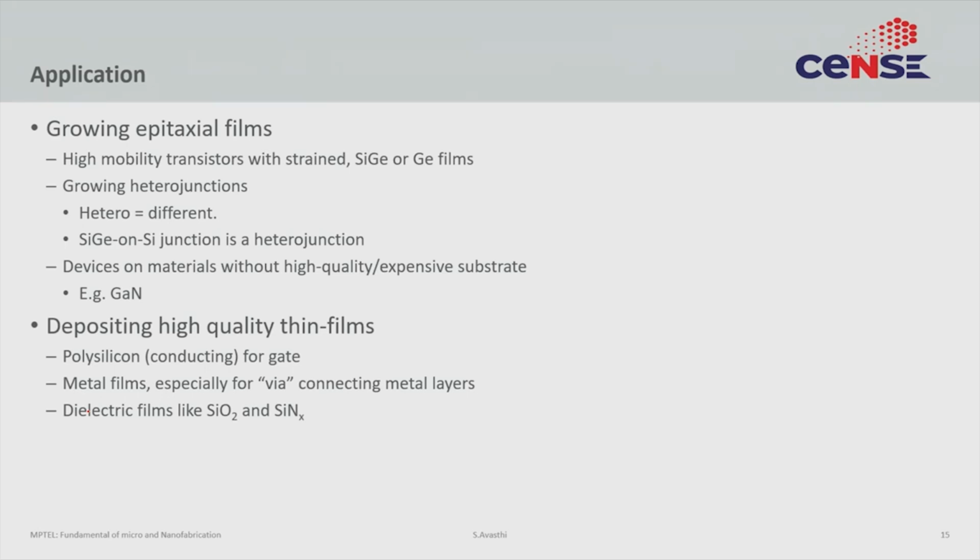A great advantage of epitaxial films is that you can start with a native substrate, but then deposit a material that is completely different. A very good example of this is gallium nitride, which is often grown on silicon substrates, sapphire substrates, or sometimes silicon carbide substrates.